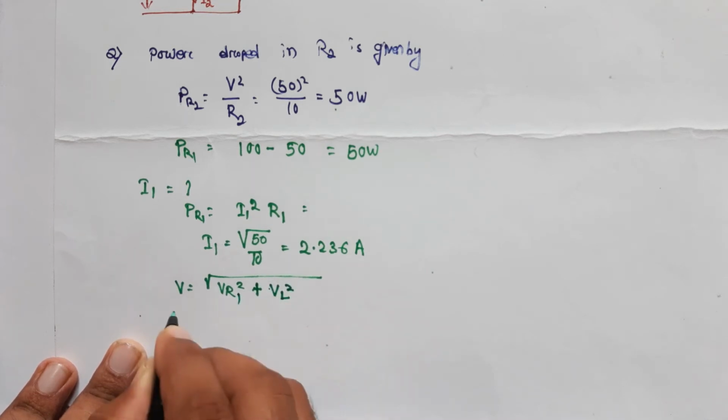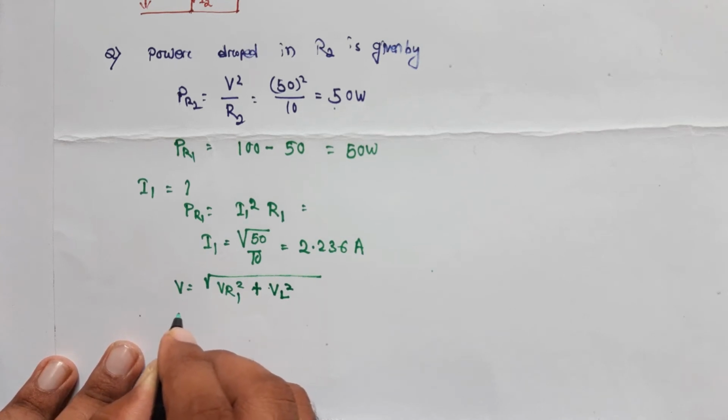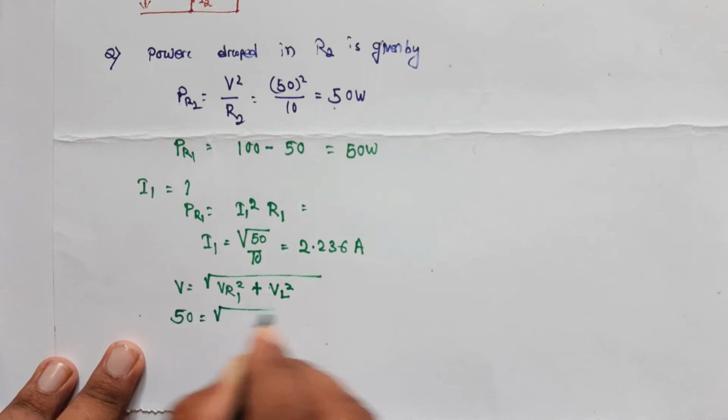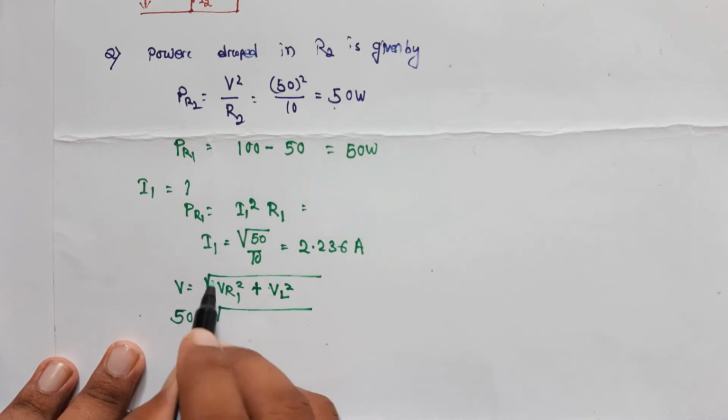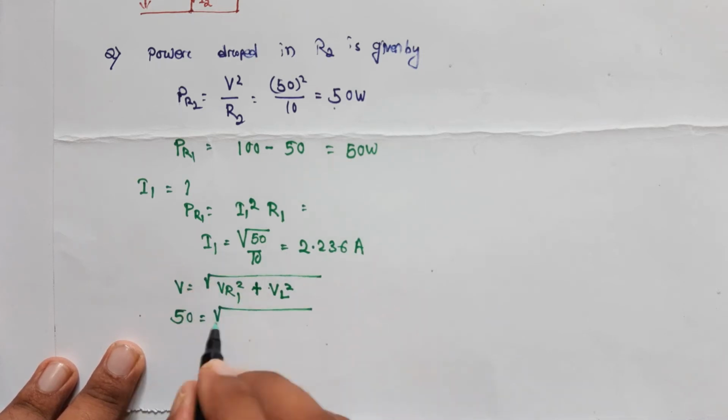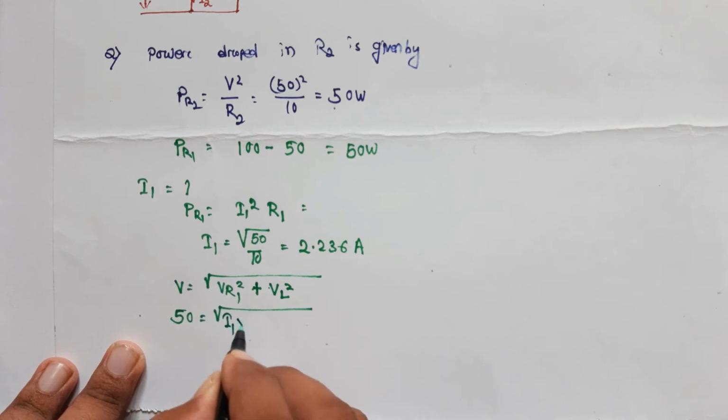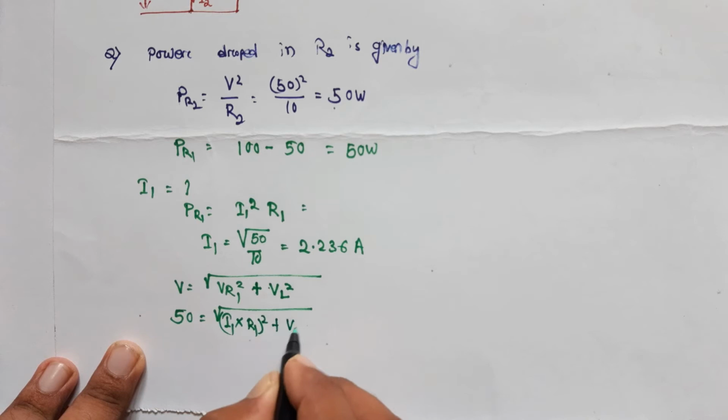Putting the voltage value, this is 50, equal to the square root of (I1 into R1) square plus VL square.